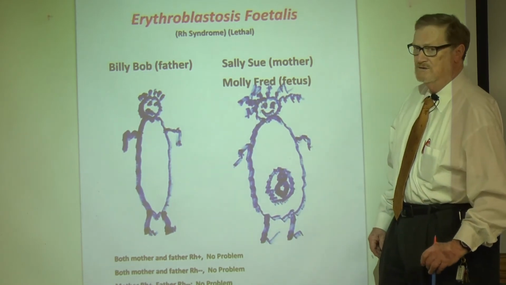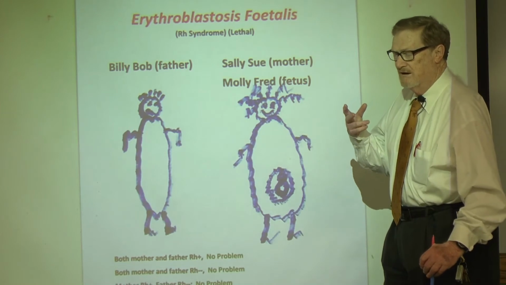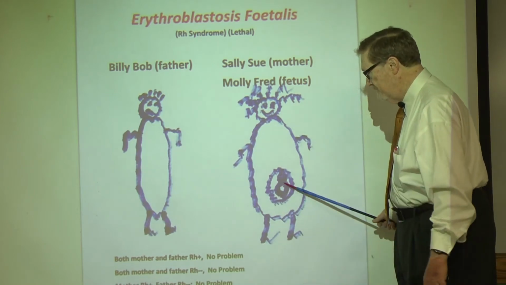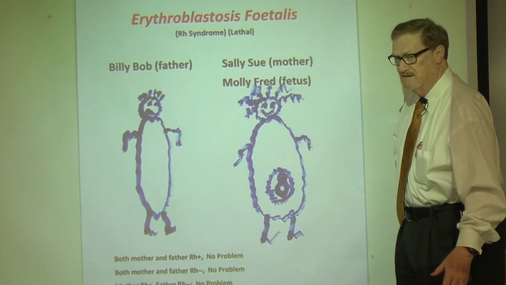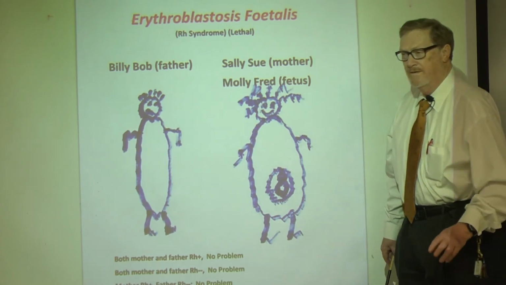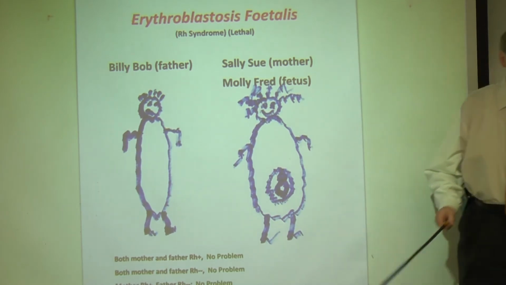Okay, so now we can give a mama a shot of RhoGAM, and that helps her to be able to have a second, third, possibly fourth pregnancy without a complication. All right, we got a way around it.